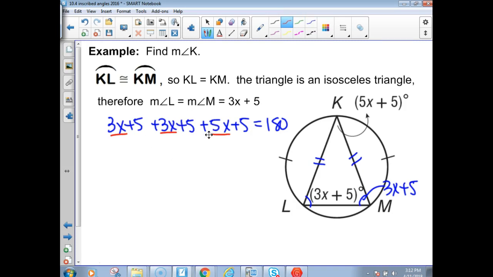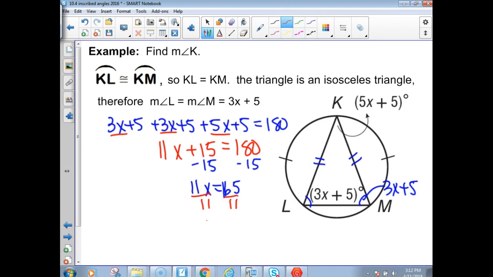That's 6 plus 5, 11x. And then 3 5s would be 15 equals 180. Subtract 15 from both sides, and we get 11x equals 165. Divide by 11, and x is 15.